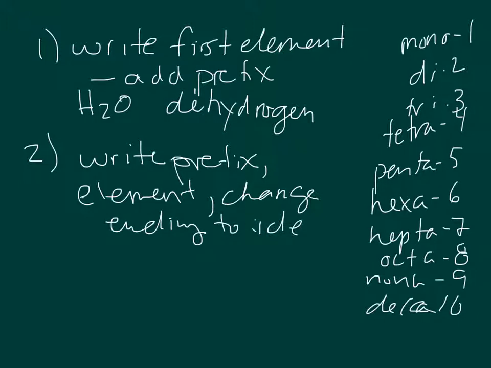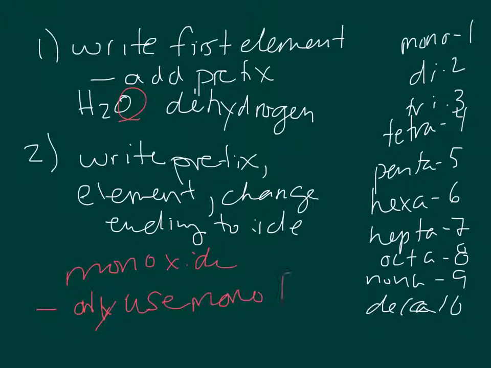So in this case, we said that this was 1 oxygen, so it's monoxide. Now, only use mono for the second element. I'll show you on the next slide what I mean by that.